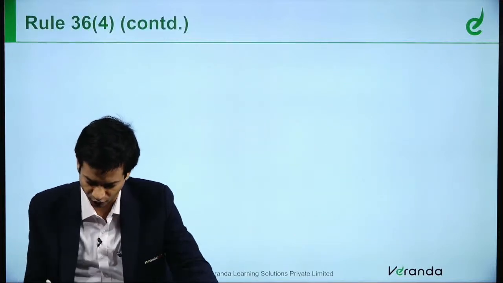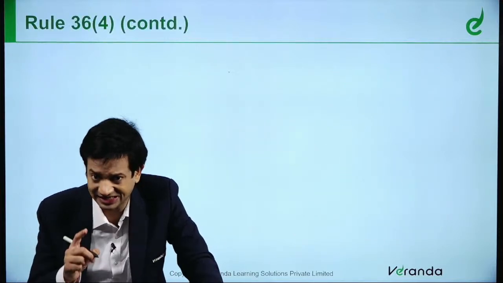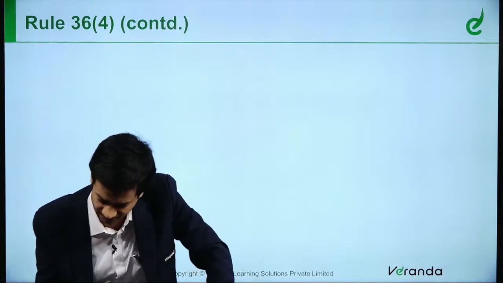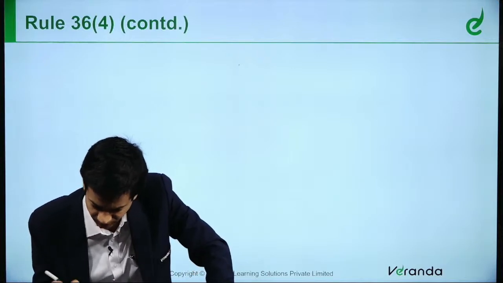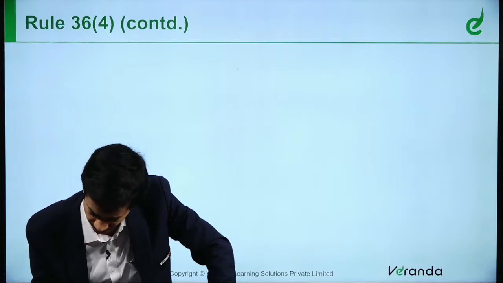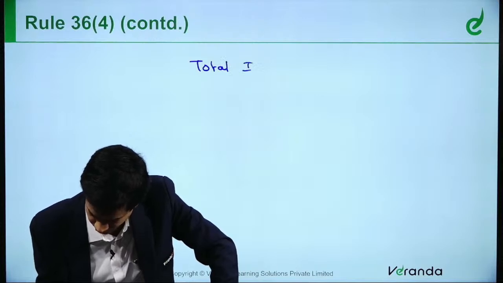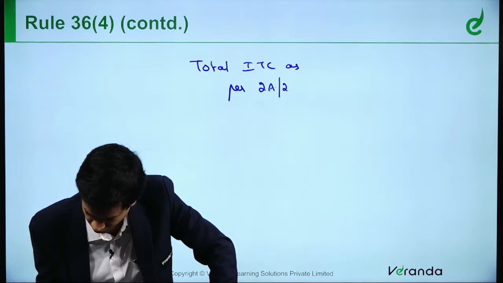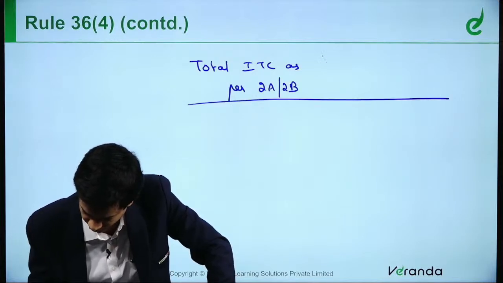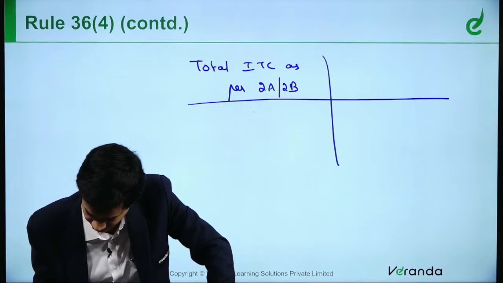One more illustration I will want to give you here. So let's say, for example, this 80 lakhs. Let me elaborate this example. So let's say 80 lakhs consists of ITC as per 2A 2B is, let's say, 80 lakhs.